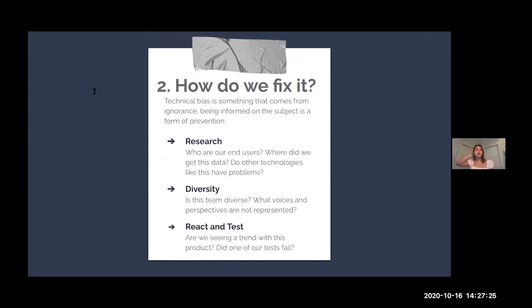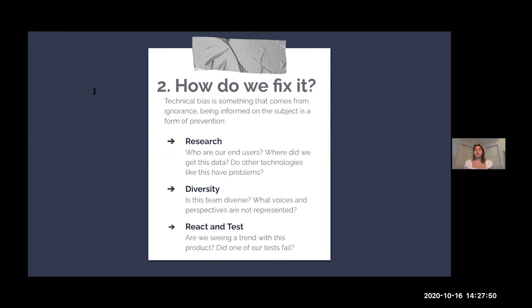Do other technologies like this have a problem? This is a huge one. This could save so many companies if they did it when going to build out a product. A lot of the times when you're building a product and launching it on the market, it's not the first product like that. Sometimes it is, you're groundbreaking, things happen. But a lot of the time you're building out a supplementary thing to something that already exists on the market.